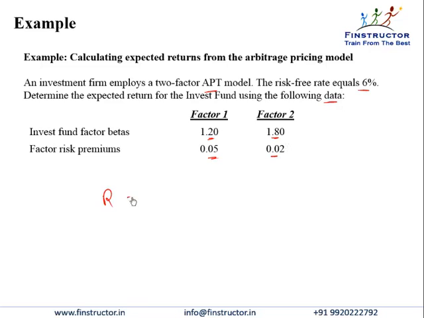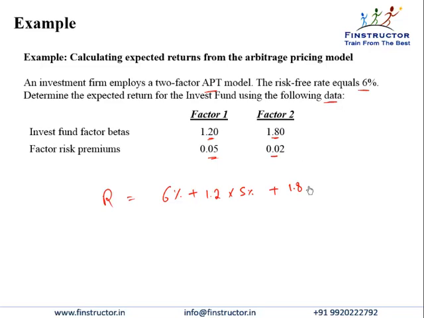So the return will be the risk-free rate plus, I have assumed 1.2 units of risk corresponding to factor 1, for which for every 1 unit I should get an additional 5%. So if I am taking 1.2 units, I should get an additional 6%. Similarly, 1.8 units I am taking of risk 2.